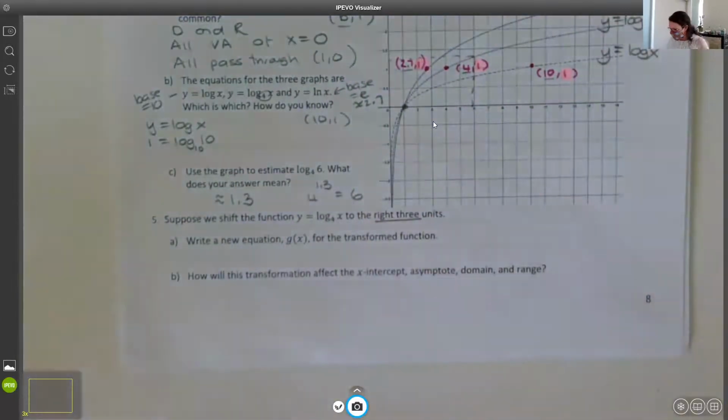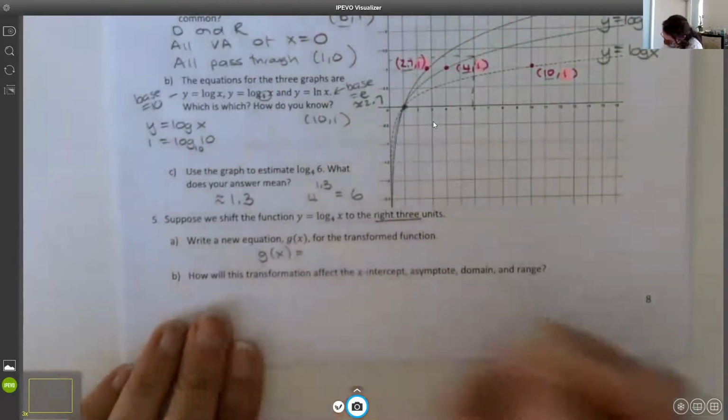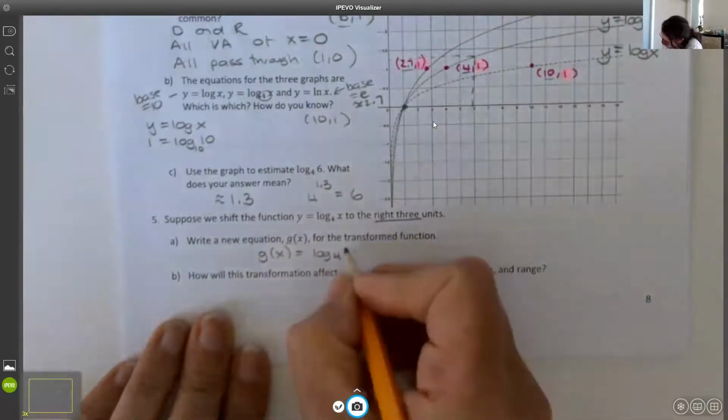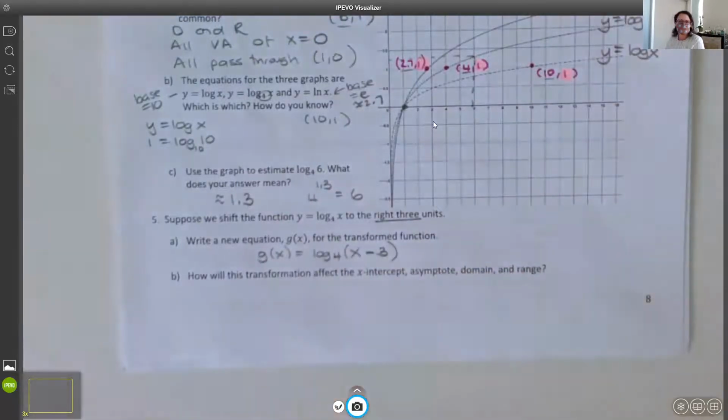And if it's moved to the right 3 units, we represent that by doing the opposite. So this would be log base 4, but instead of x, it's going to be x minus 3. Think about how that is going to affect your x-intercept, your asymptote, your domain, and your range.